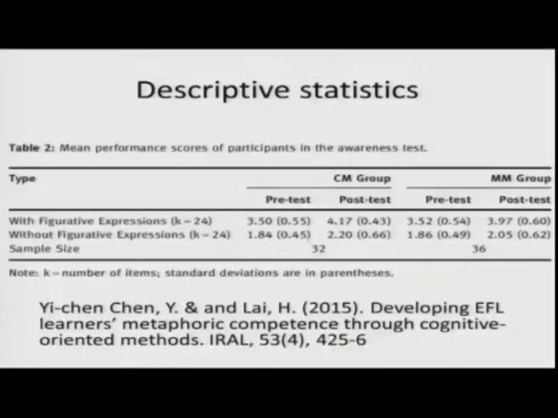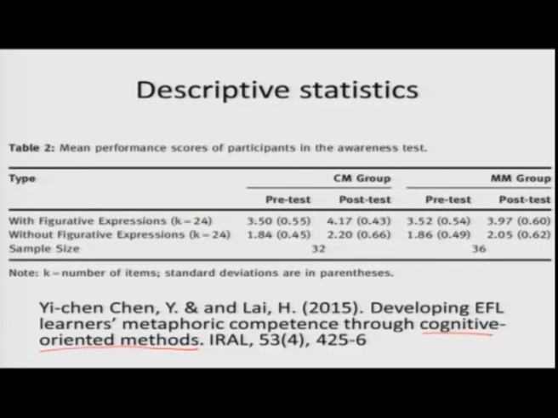This is from a paper, Developing EFL Learners' Metaphoric Competence through Cognitive Oriented Methods. There were 2 groups, control group and experimental group. With one group they used cognitive oriented methods, that was the experimental group. If you look at it, there are 2 groups, then there were pre-test and post-test.